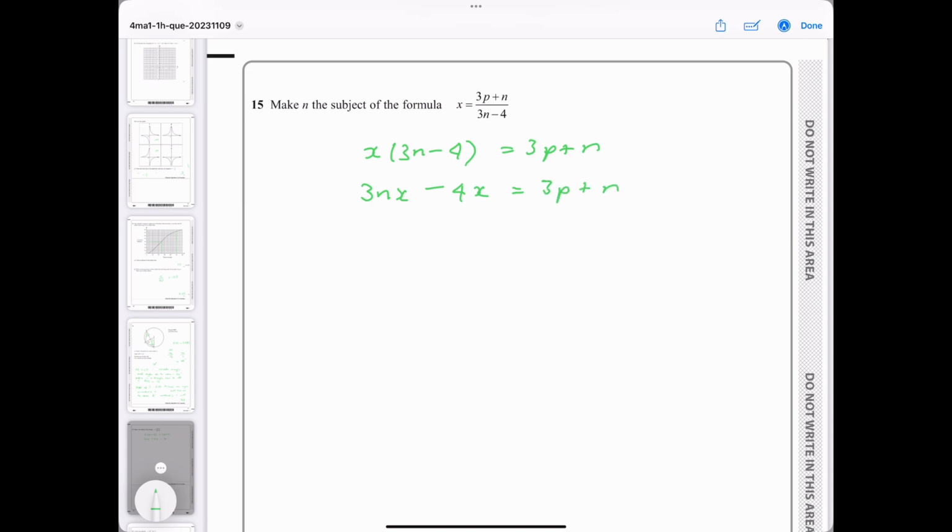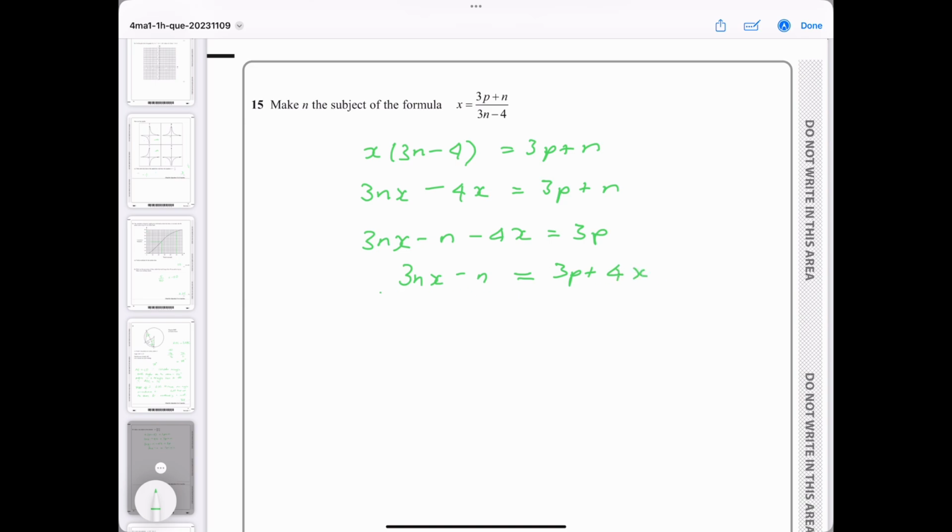Right, the next thing you have to do is get the n's all on one side and everything else on the other. So we're going to take n off this side, and I'm going to add 4x onto both sides. Now we have all our n's on one side and all the other stuff on the other.